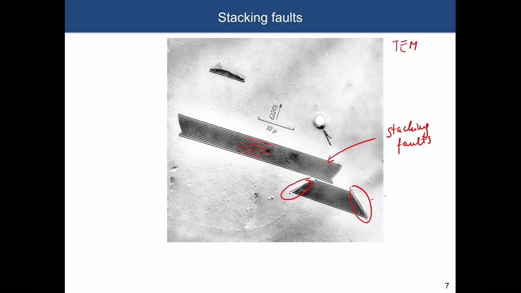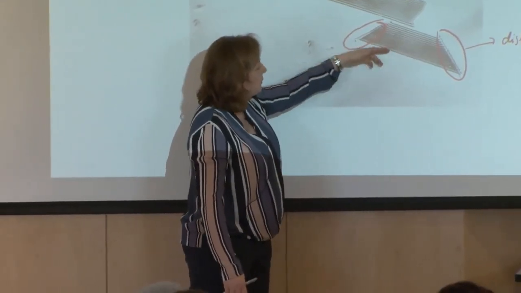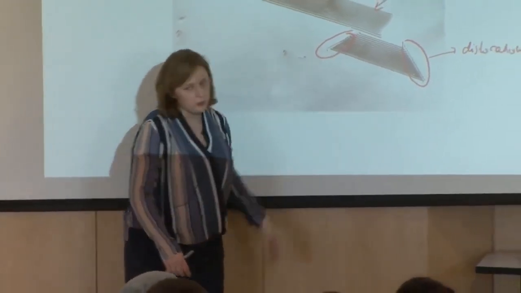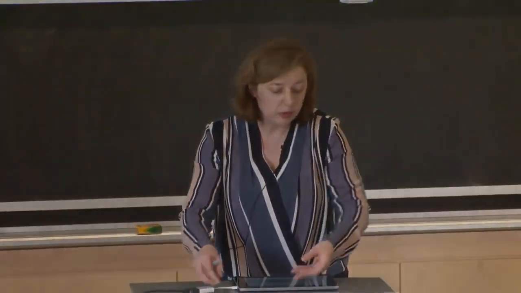So these would be dislocations. Again, you have partial dislocations that are produced in one way or the other, and in between these pairs of partial dislocations, you will form stacking faults. Again, very, very common types of defects that sometimes have certain benefits, and sometimes we want to avoid them in the material.